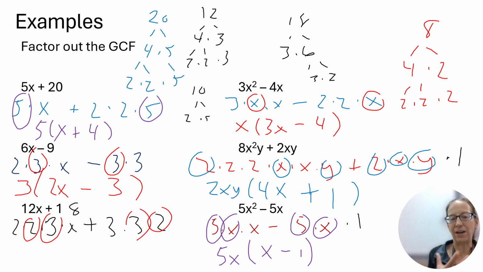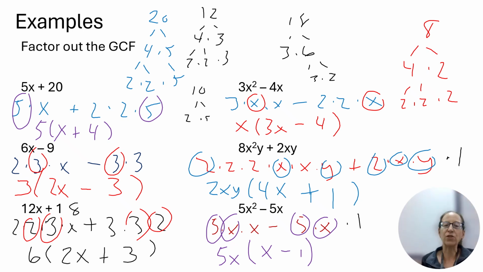How does that factor out? Well, it's 2 times 3, and so we would factor that out as a 6. And then everything left inside is the 2, the x, the plus sign, and the 3. Okay, so I just wanted to show you one that had 2 numbers in there. Like, what would you do if you had to factor out 2 numbers? You would multiply them together.